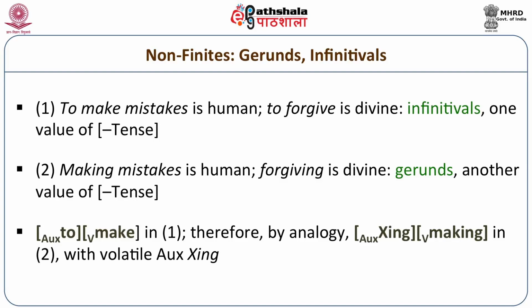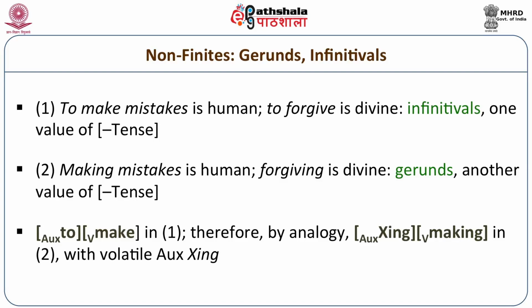In the gerundial form forgiving, we have to assume in the horseshoe model of the standard theory of generative syntax that the tense is a volatile version of ing, call it x-ing, which works with the morphological marking ing on the verb forgiving to make sure that the semantic interpretation comes out right.